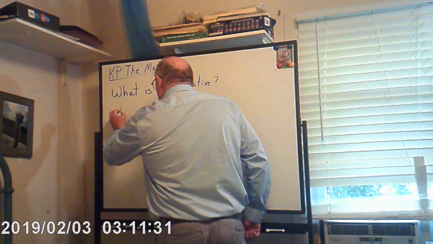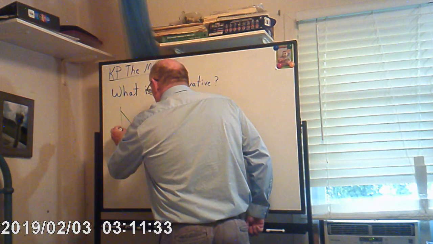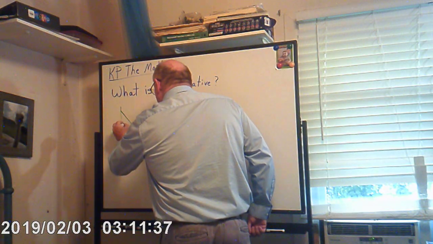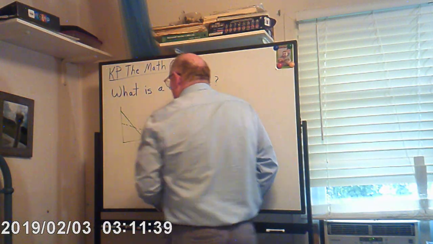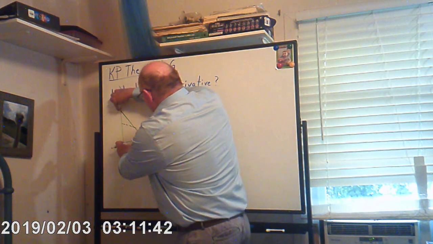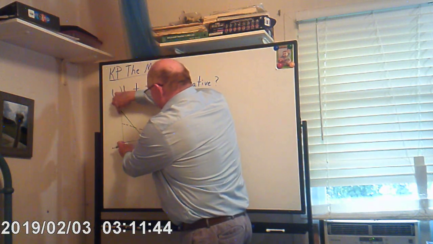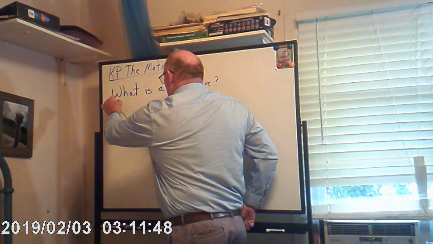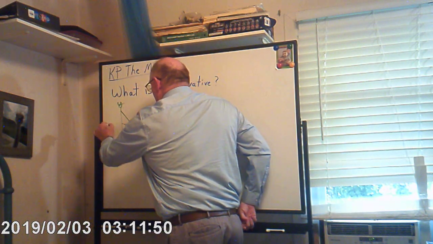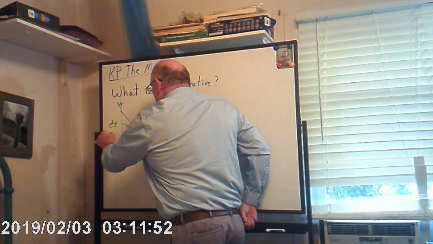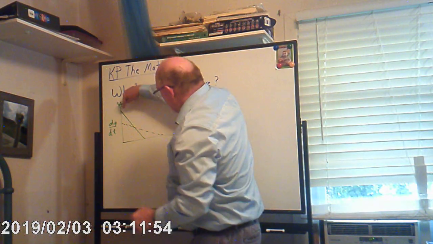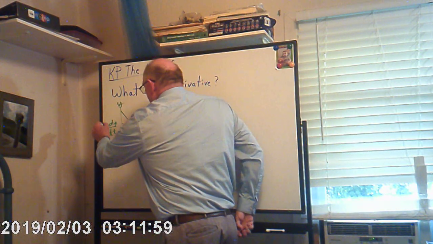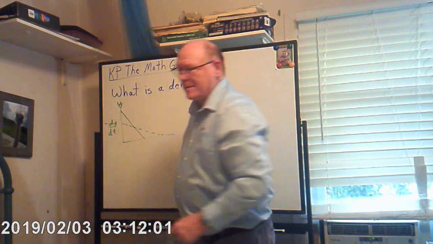Here's a ladder right here, and the ladder is sliding down the wall. At this point, you see this height. When it's sliding down, this is a rate. We call this y, so in this case, this is dy over dt. And because this is shrinking and shrinking, the answer is going to be negative.